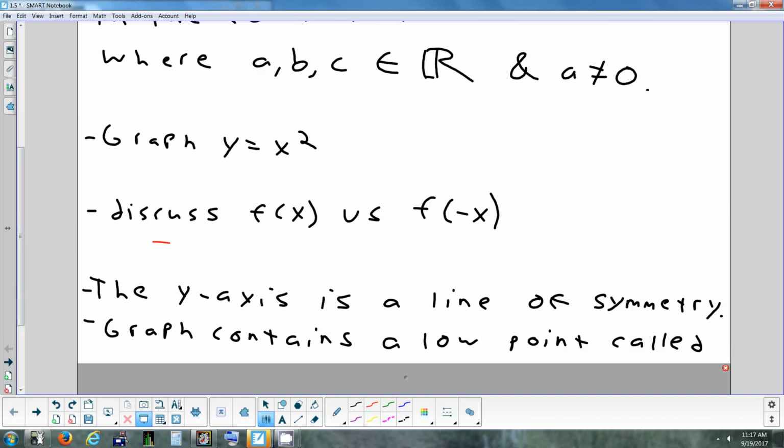Okay, so just to summarize what happens here, it actually reflects over the y-axis. It's just that the parabola is not really a good shape to show that with because you can't see it.